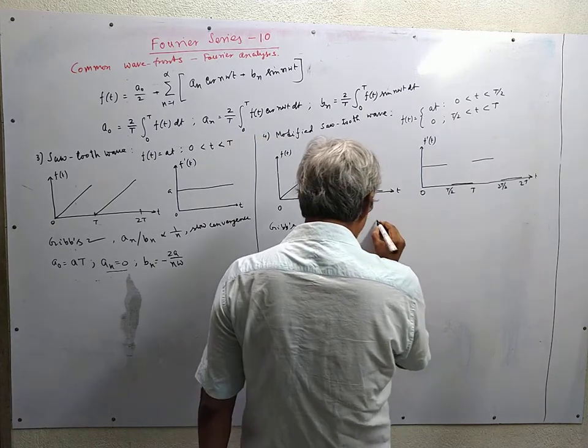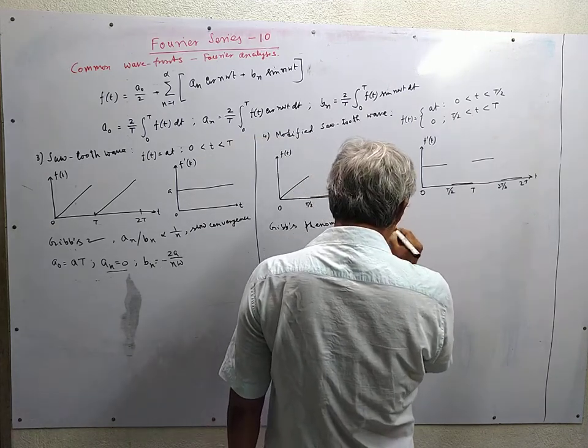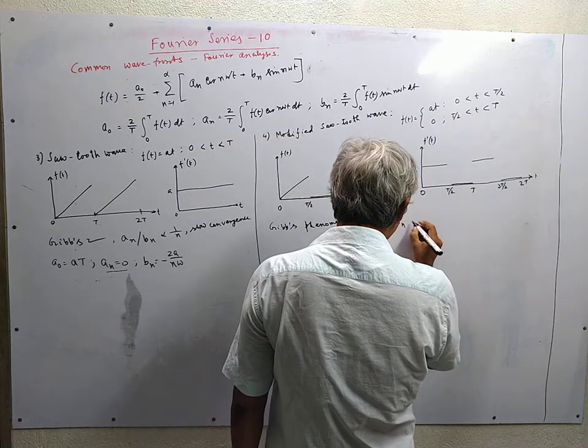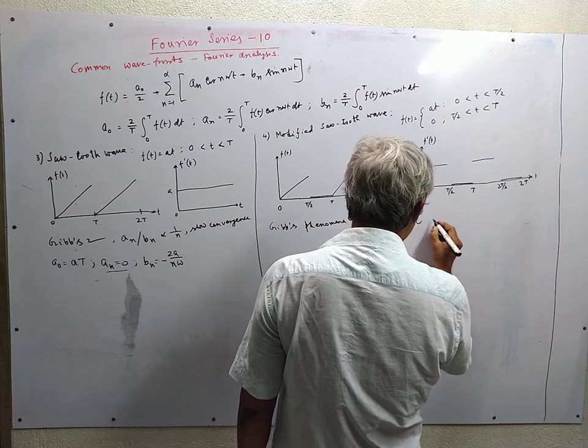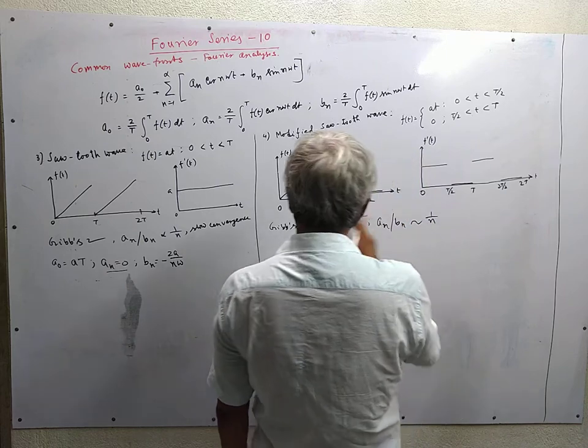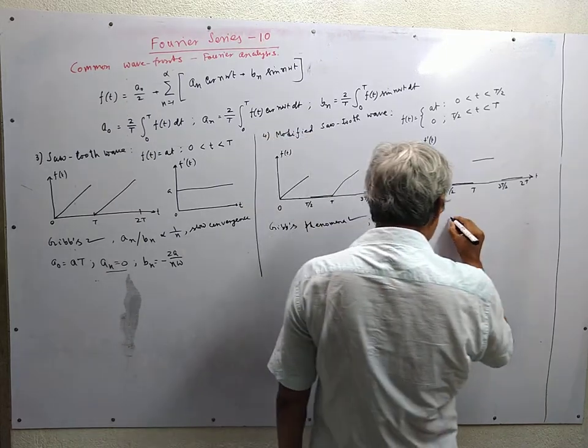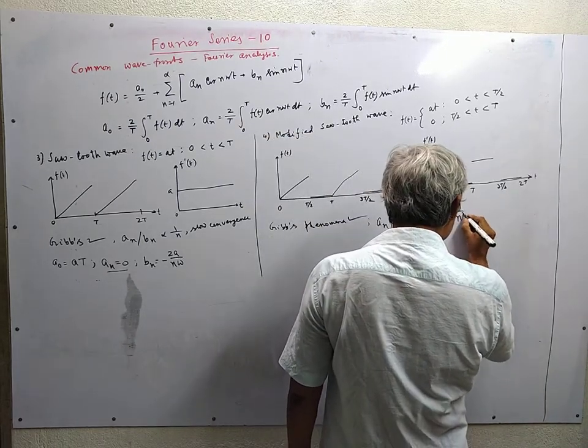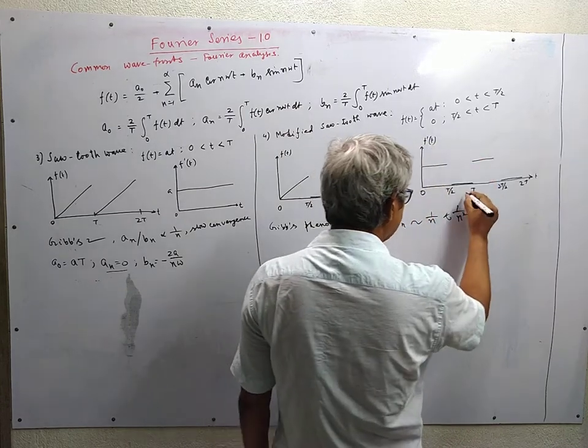Plus an or bn, whichever exists, will have a 1 by n form because of this, and a 1 by n square form from this.